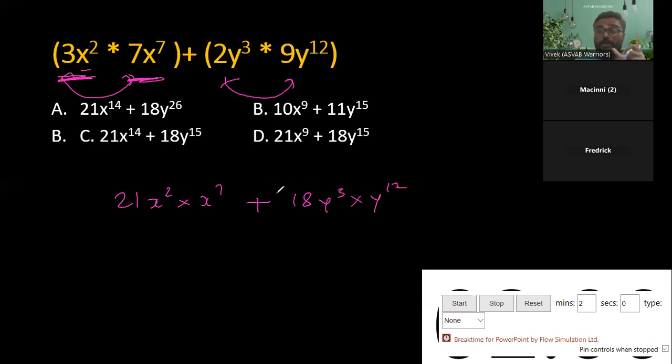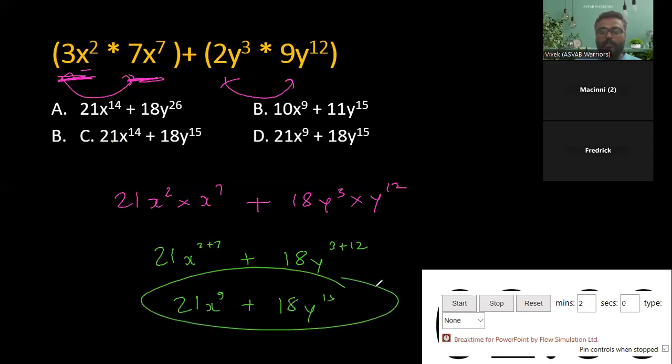The base is the same, so we are basically going to add the powers. So 21 x to the power 2 plus 7, plus 18 y to the power 3 plus 12. So 21 x to the power 9 plus 18 y to the power 15 will be your final answer.